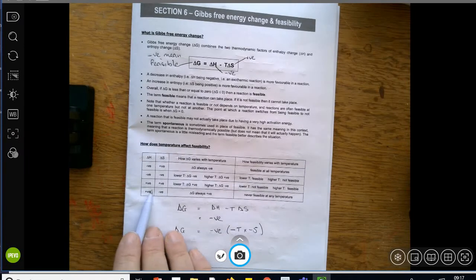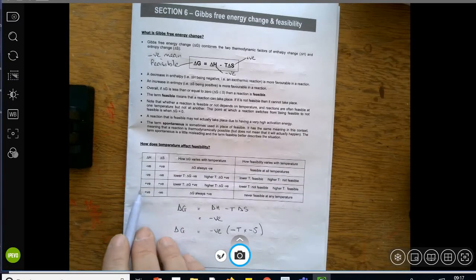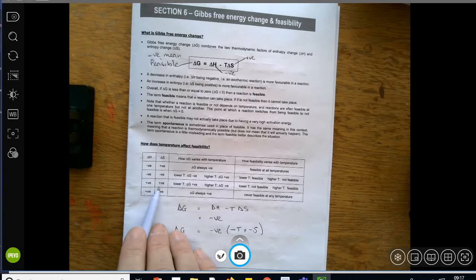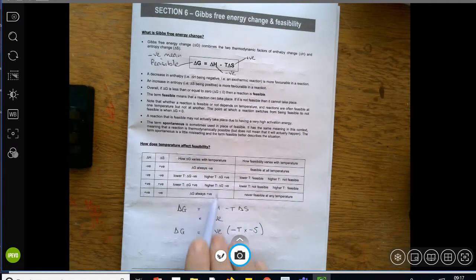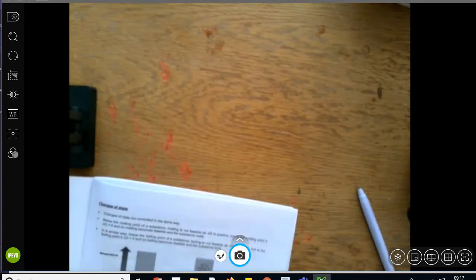So we've got positive delta G, positive delta H, and delta S is becoming more positive as the disorganization increases. So therefore what we need to do is have a higher temperature to make this value more negative, so that it is actually feasible. So that's where this comes in.